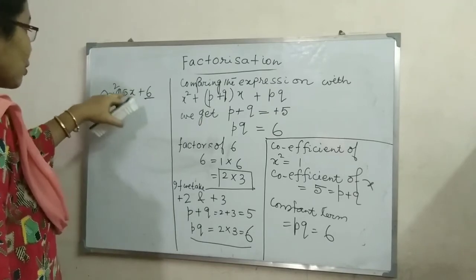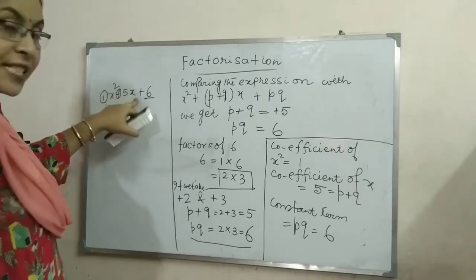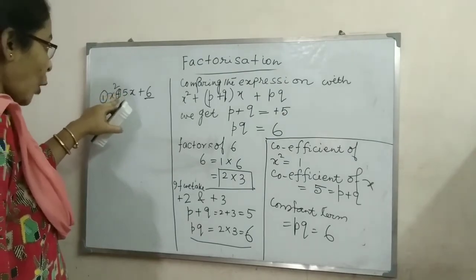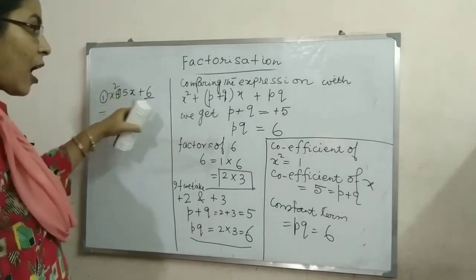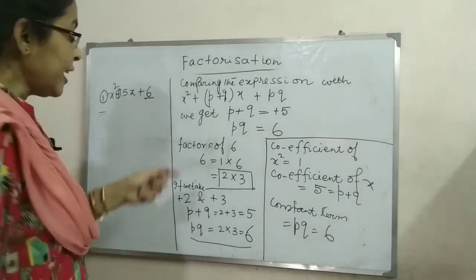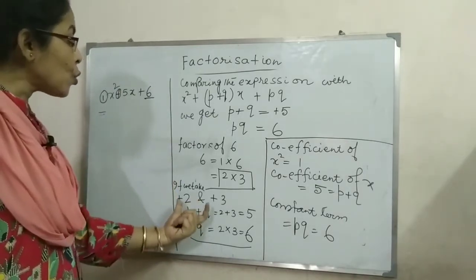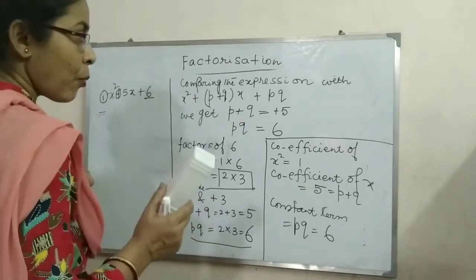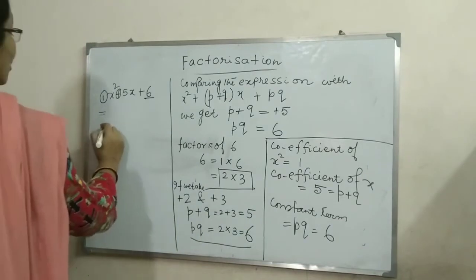If the sign of the middle term and the constant term is positive, then I will take two positive factors.